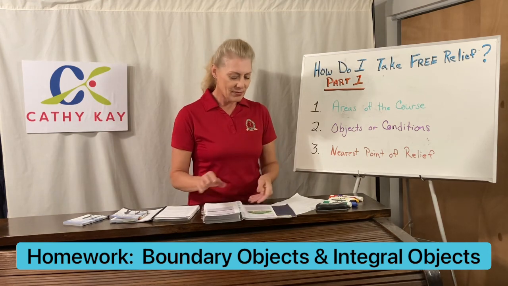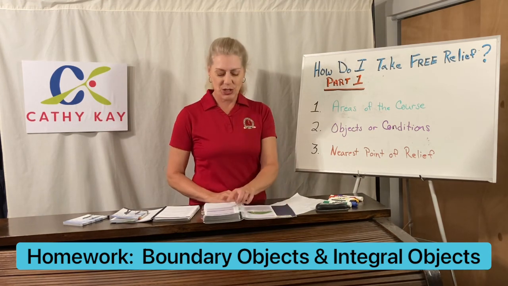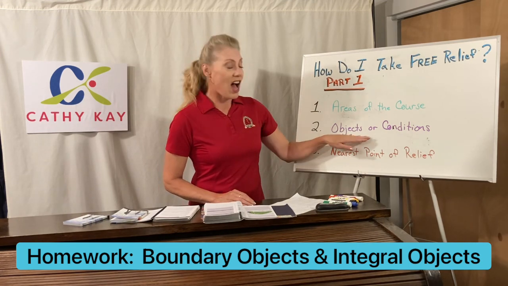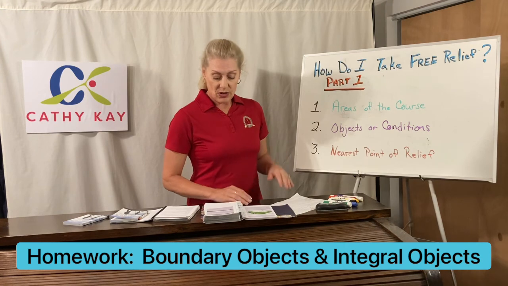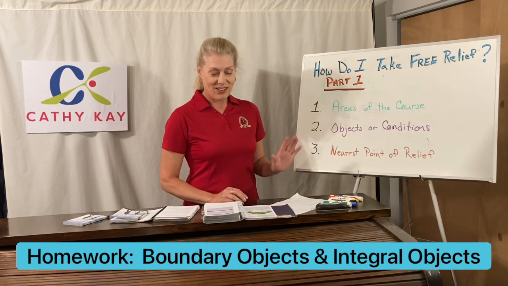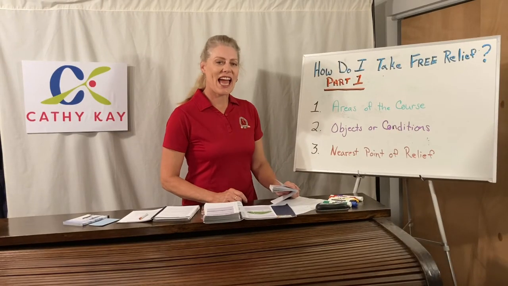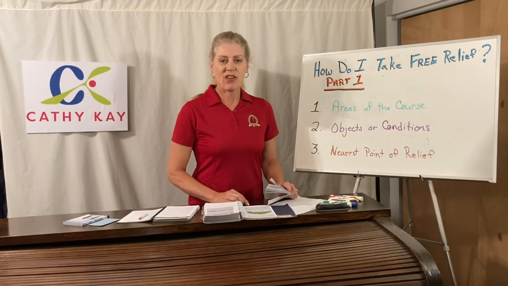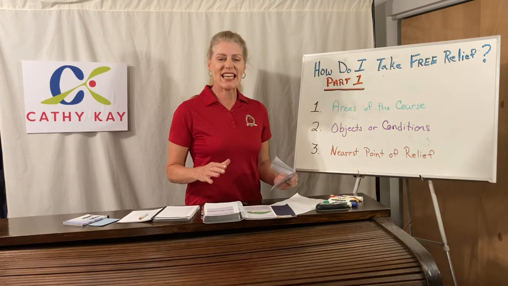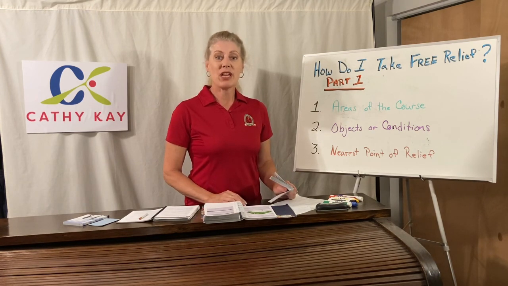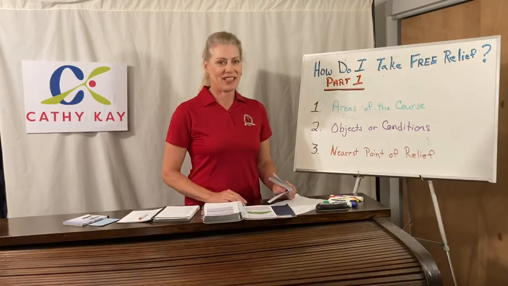Okay, so 2.3, that's where you can look up the definition of what objects or conditions you can get free relief from. Okay, let's take a look at some examples of what these immovable or stationary conditions or objects are that we would be granted free relief.